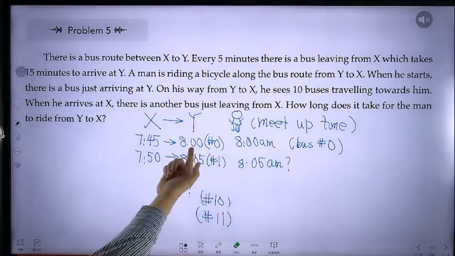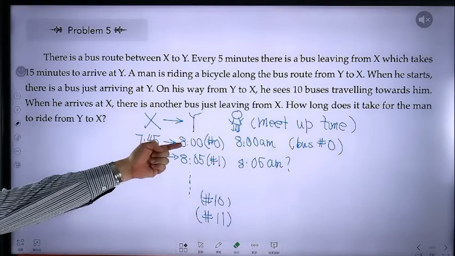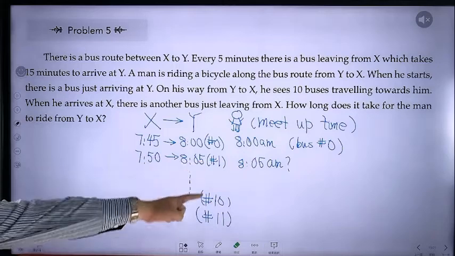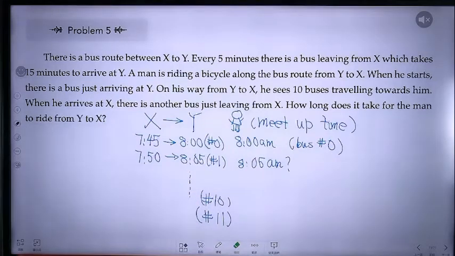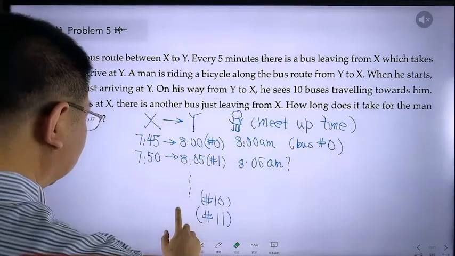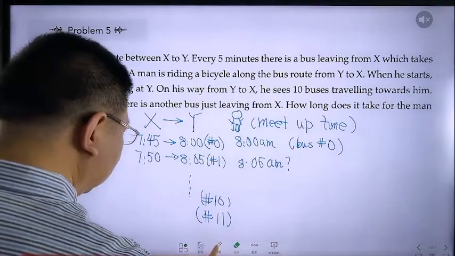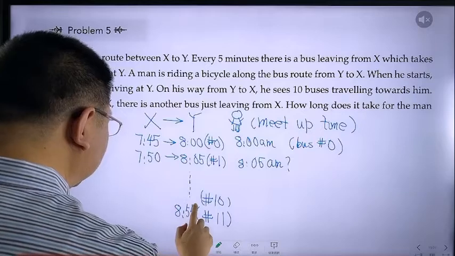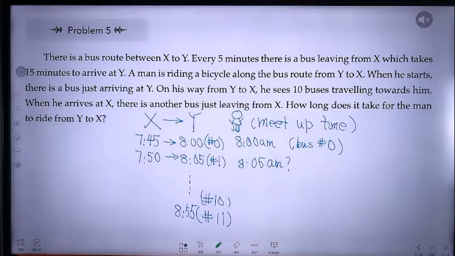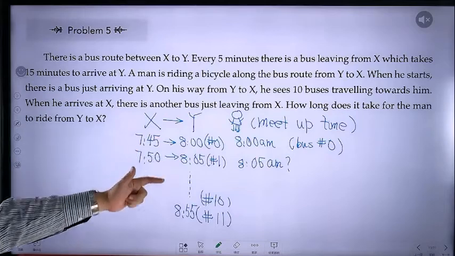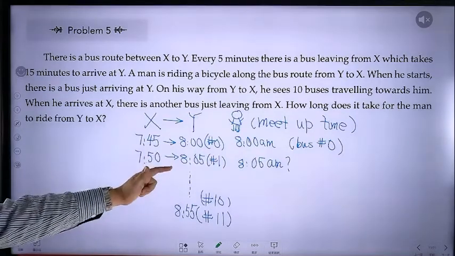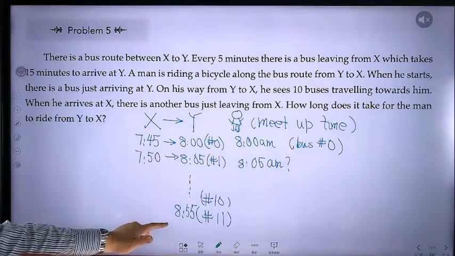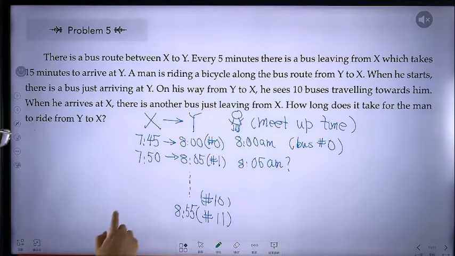Okay, so each time we add up 5 minutes. There are 11 buses, so that would be 8:55. And then what is the starting time?